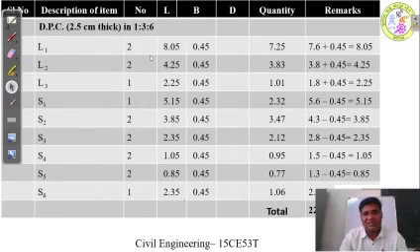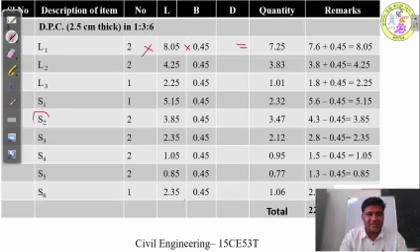So in this step I am going to take it as it is, and then the numbers into length into breadth will give me the quantity of the first wall L1.